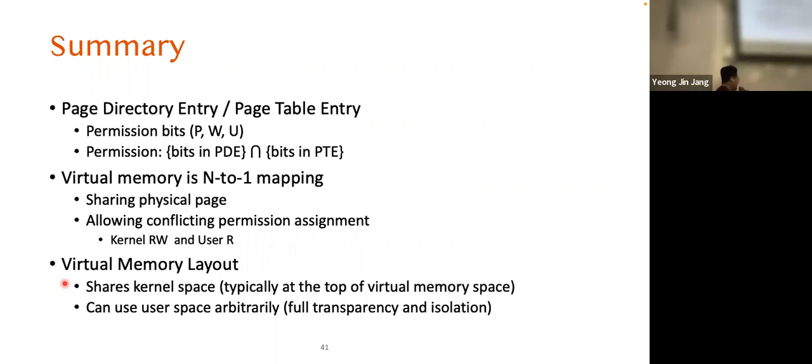Suppose as a user-level application, you need to read and write some data, but you want to implement a process monitor. That means at the operating system level, you want to monitor whether the application is doing malicious activity or not. Then we just want to take a look at the memory of the user application.